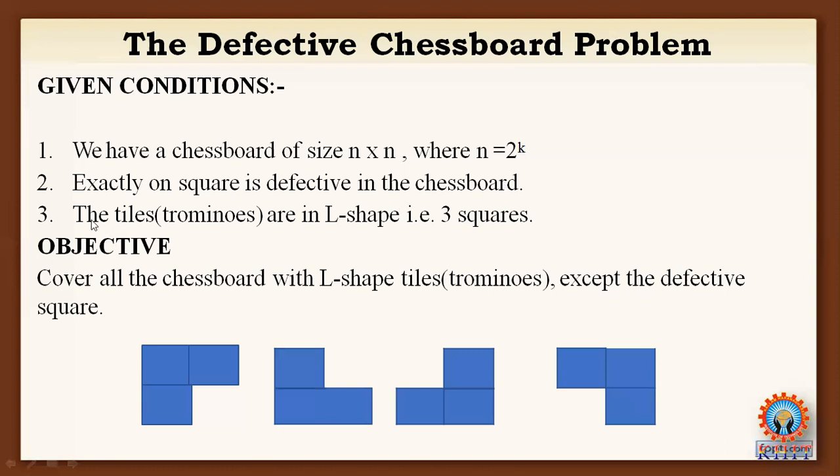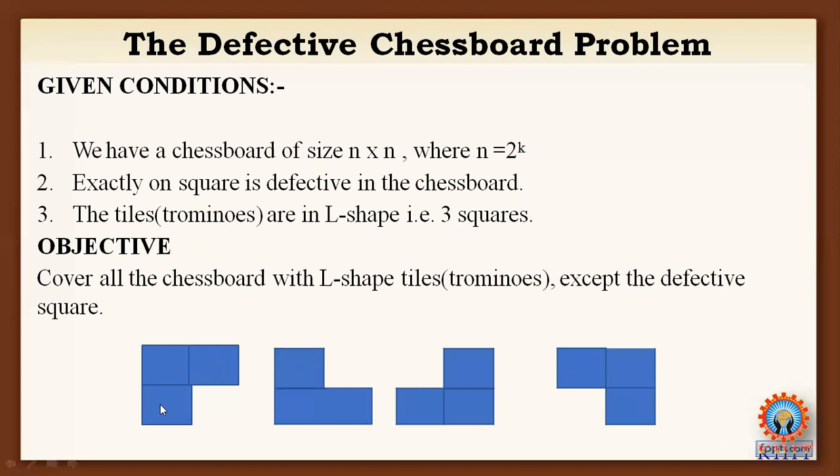So here we use trominos or tiles. We need to fill the given chessboard with trominos or tiles. A tromino is L-shaped, formed from a sequence of three squares.